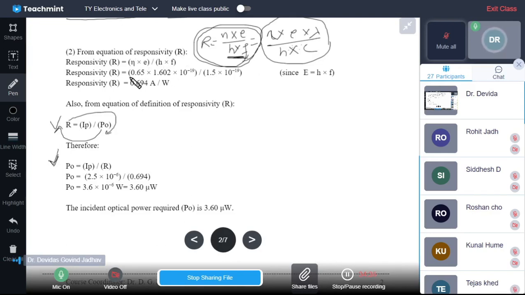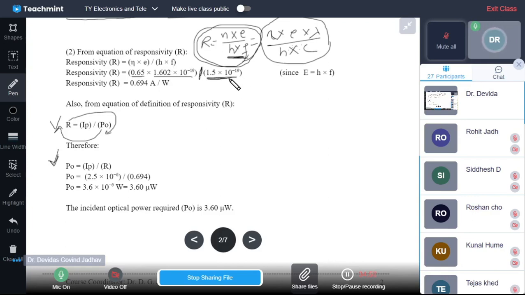So substitute eta as 0.65. Substitute e as 1.602 into 10 raised to minus 19, and in the denominator, divided by h into f, which is given as 1.5 into 10 raised to minus 19 joule.